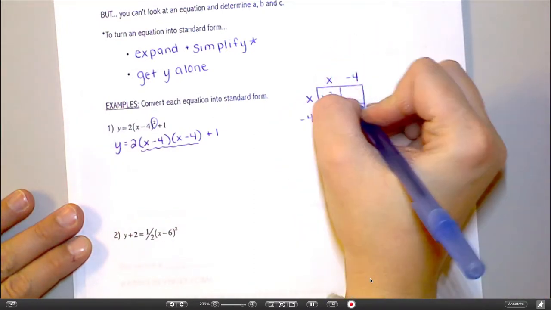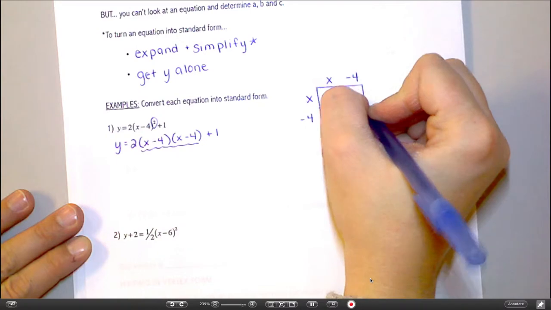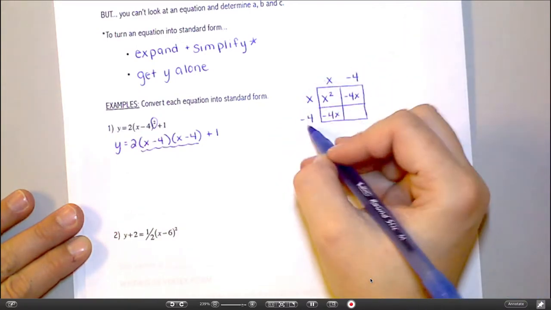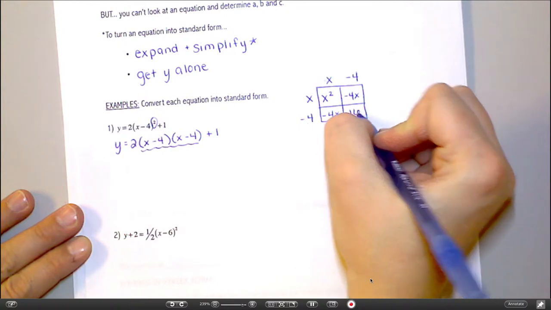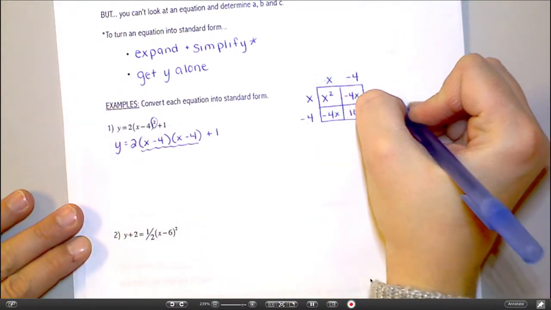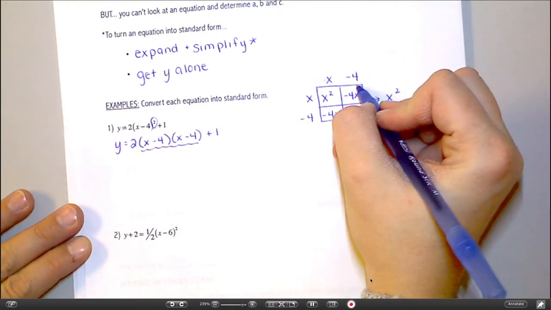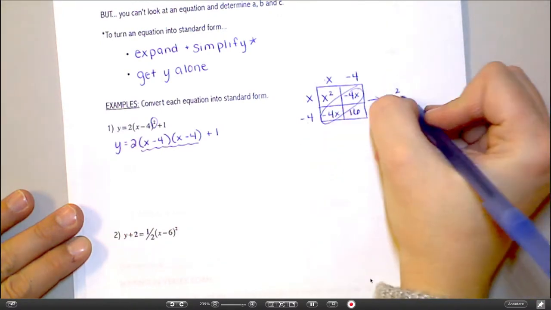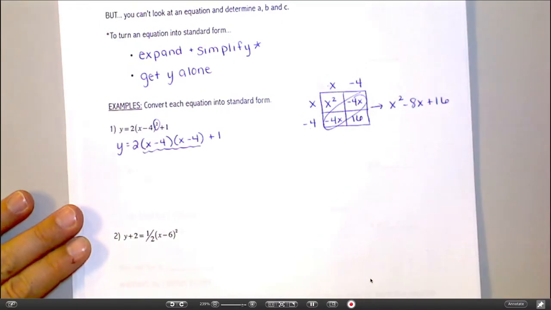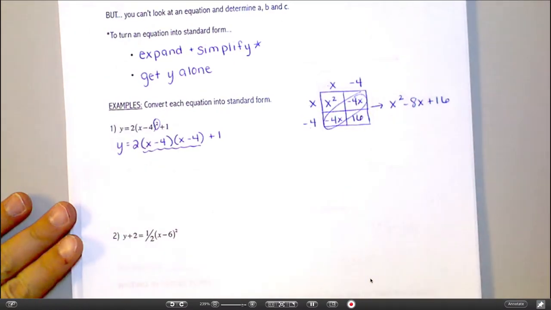X times negative 4 is negative 4x. Negative 4 times x is negative 4x. And negative 4 times negative 4 is positive 16. So when I put all of this together, I get x squared minus 8x plus 16. Did that kind of quickly because I feel like you guys are pretty solid on that.